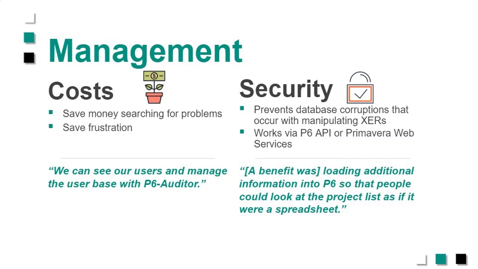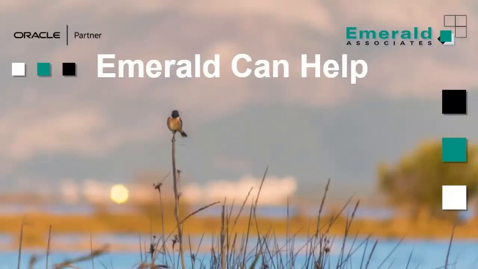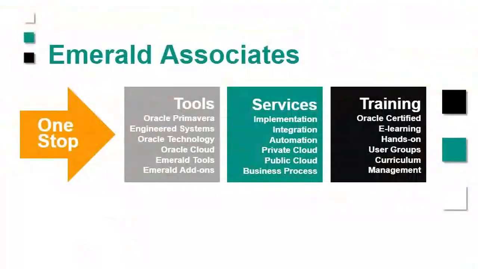Okay, so hopefully you got some ideas here on some of the potential struggles and some of the solution kit that we've got, and hopefully you can see that Emerald can help. We have a lot of tools that we built over the last 28 years to support P6 and Unifier. Some of the older tools, of course, we did integrations with P3 and Expedition, and we supported contract management, PCM, for many, many years.